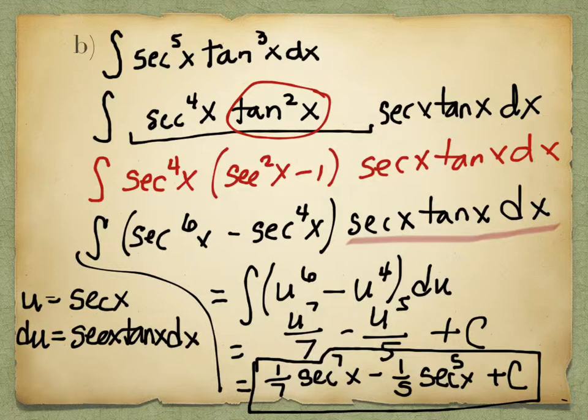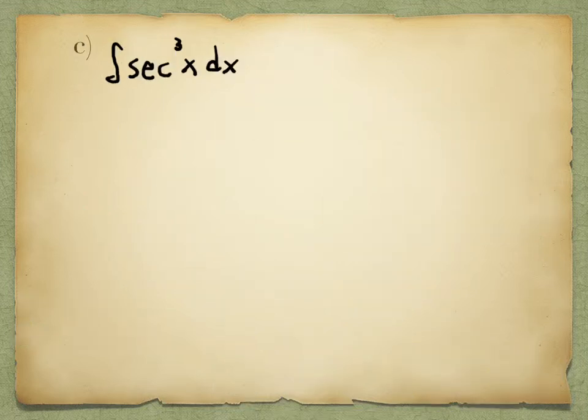So it all boils down to u substitution, right? Until we get to here. Because which case is this? Which guideline am I going to have to use? Yeah, number 4, I think it was 4. Integration by parts, because I have a power of secant.